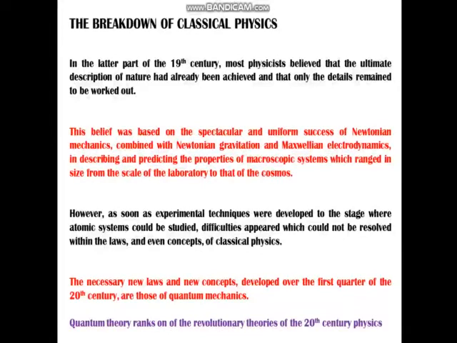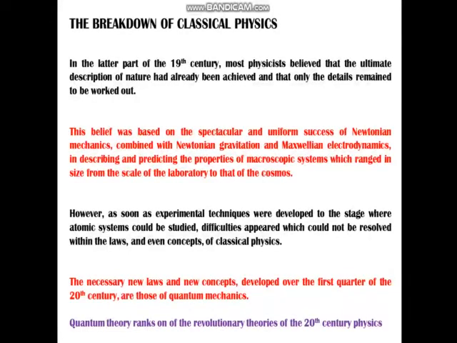In the later part of the 19th century, most physicists believed that the ultimate description of nature had already been achieved and that only the details remained to be worked out. This belief was based on Newtonian mechanics and Maxwellian electrodynamics.